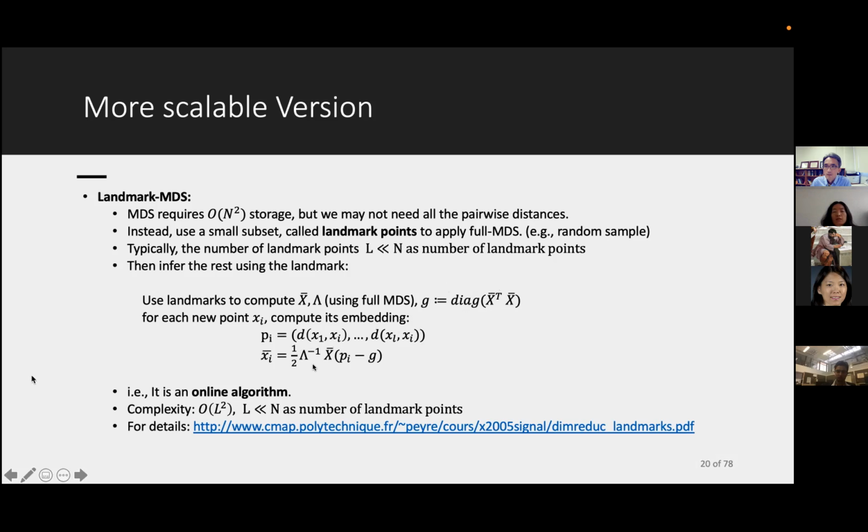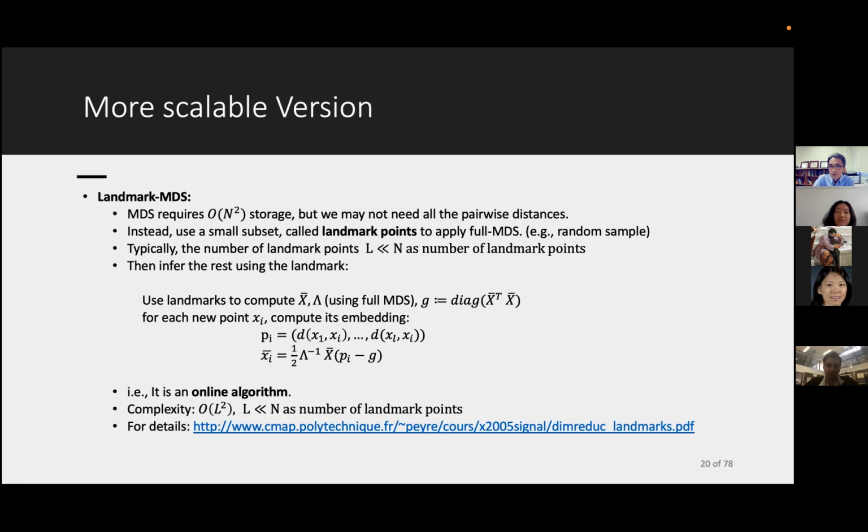But in the lines above it, it says lambda using full MDS. Does it mean that it's not just based on the landmarks? No, full MDS basically just means using MDS. So it's only on the landmarks. Otherwise, it's pointless, because the dimensionality will not be the same.